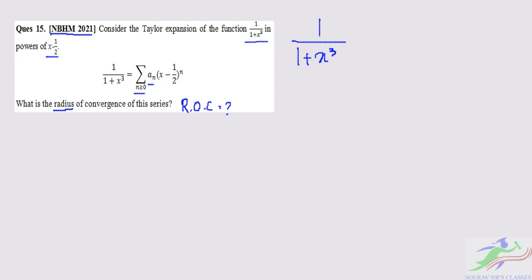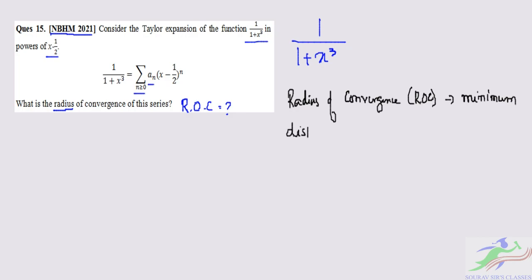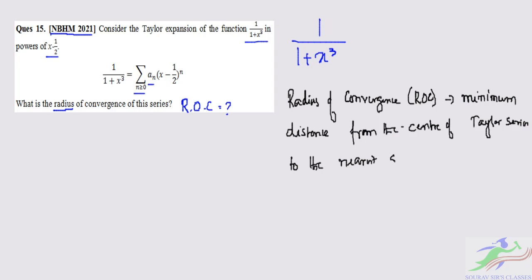It is known that the radius of convergence, or simply ROC, is the minimum distance from the center of the Taylor series to the nearest singularity of the function.